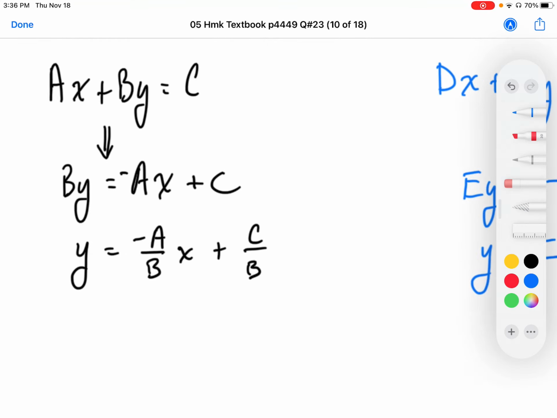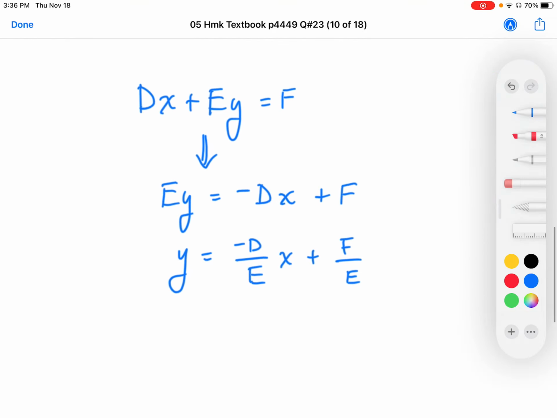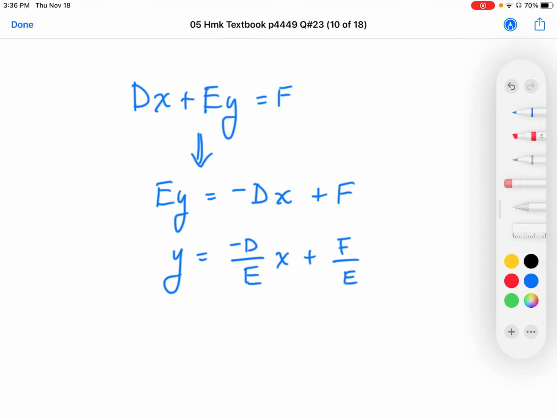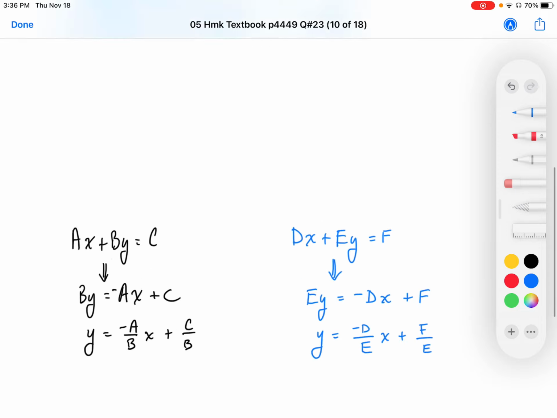I've moved the negative ax to the other side, divided by b, and I can see that negative a divided by b is my slope. And I could do the same thing here. I can take the equation, subtract dx from both sides, divide both sides by e, and I can say that negative d over e would be the slope of this line.